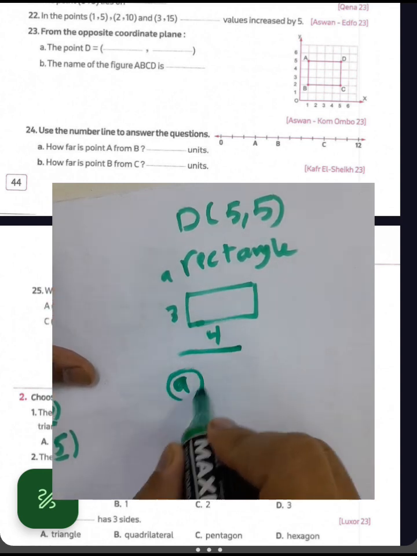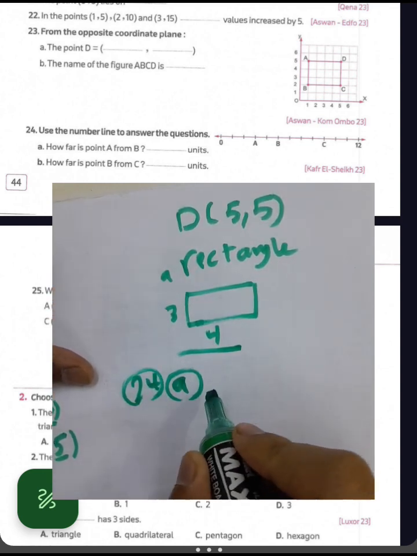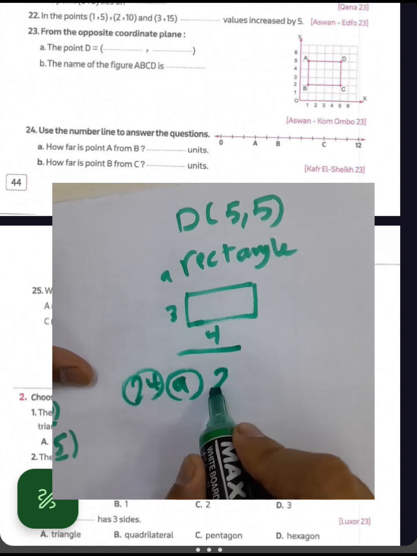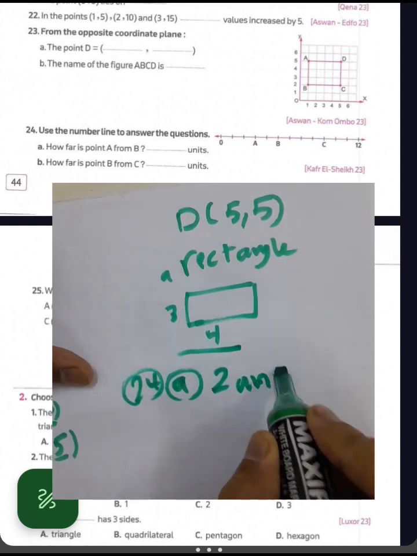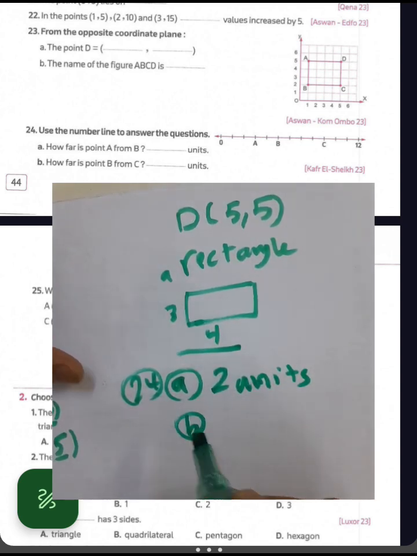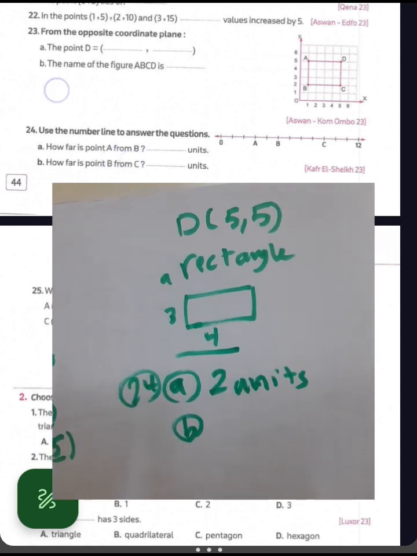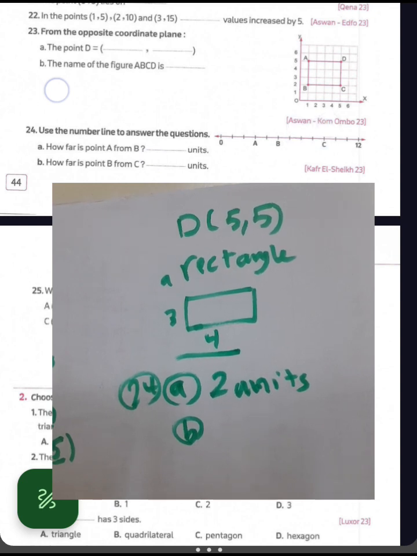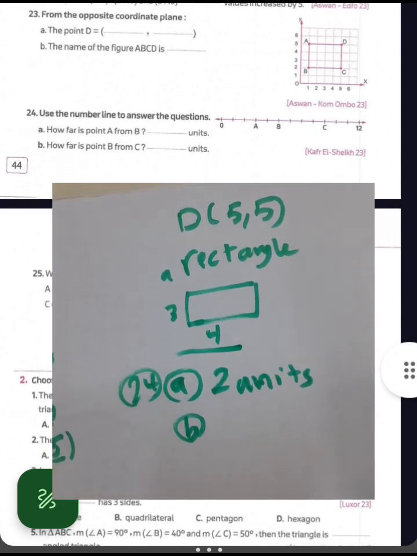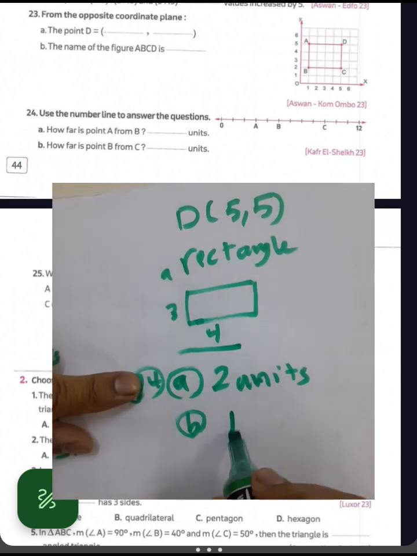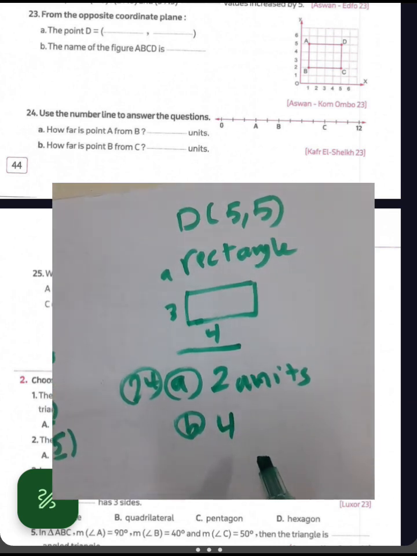So for question 24, letter A, we write 2 units. Letter B, how far is point B from C? Count with me, 1, 2, 3, 4. We have 4 length units. Then we can write 4 units. It's the distance between point B and C.